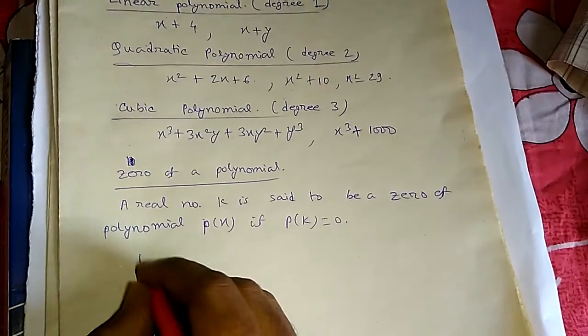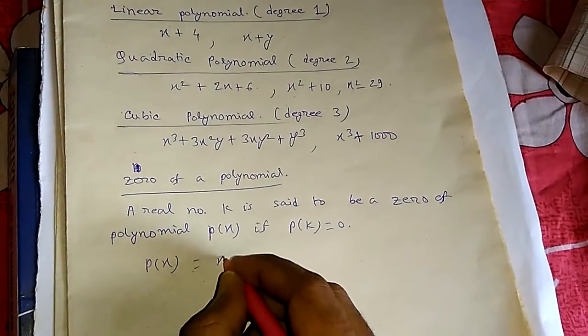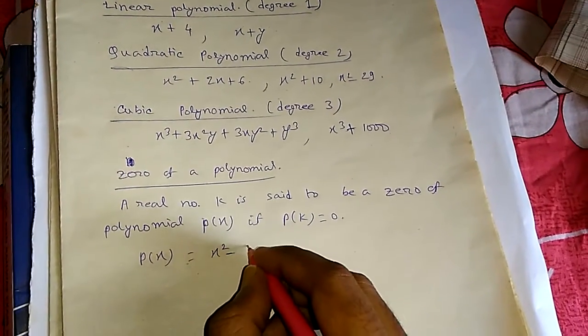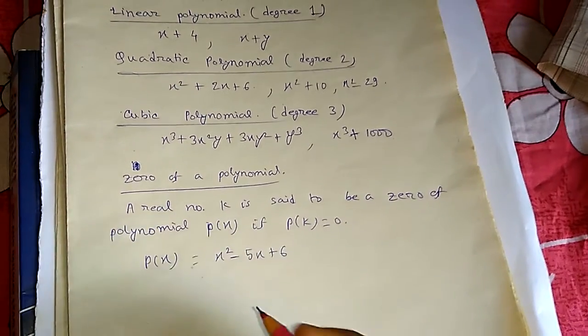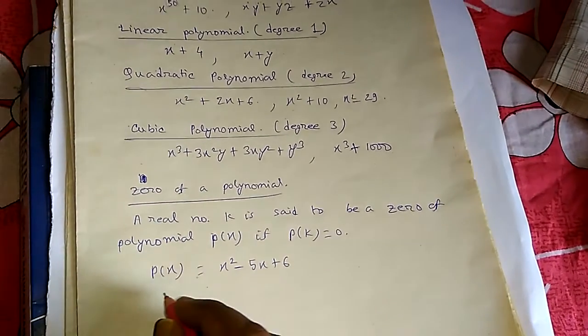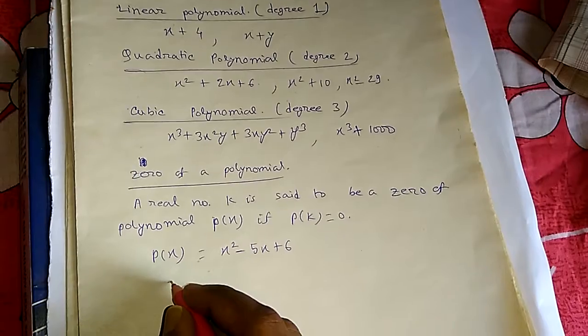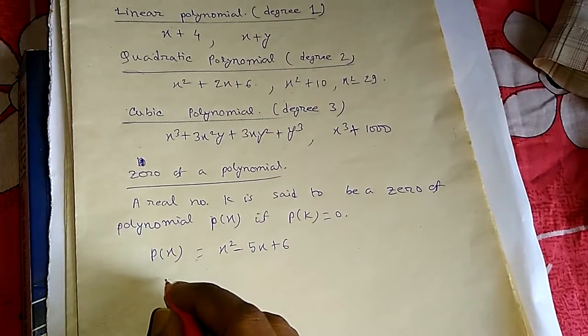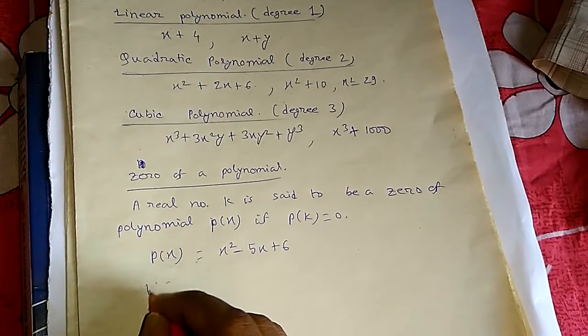That means suppose I have considered a polynomial x square minus 5x plus 6. Now suppose instead of x I consider k equal to 3.